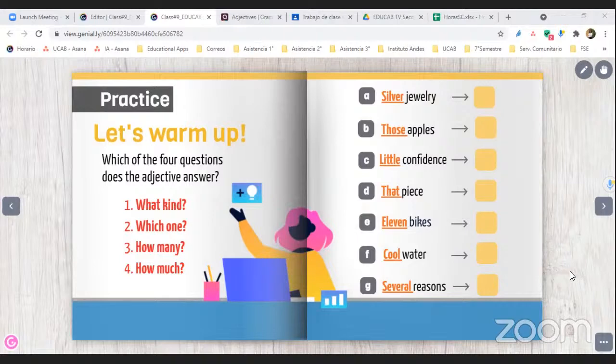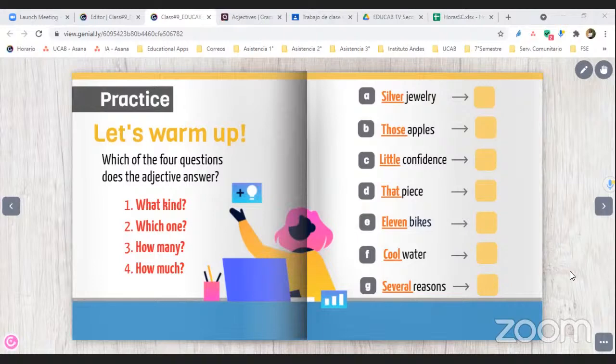So we have to identify if this adjective, silver, is answering the question: what kind, which one, how many, or how much. I'm going to do the first one, but I'm going to ask you to help me do the rest.